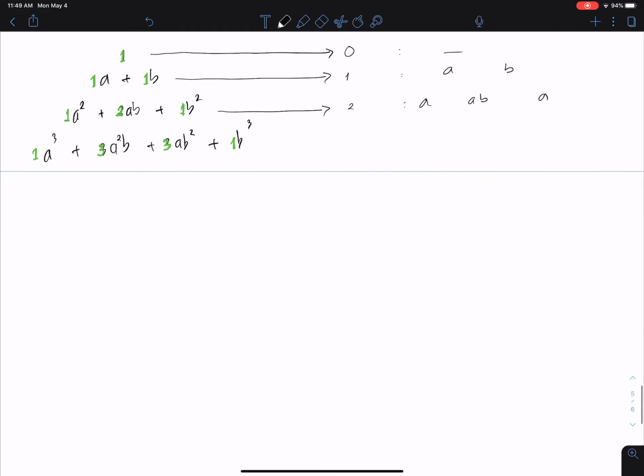Now continue, and when it comes to the power of 3, we have A squared, and then AB, B squared, and then to the power of 3 we have A cubed and then A squared B and then AB squared and then B to the power of 3.